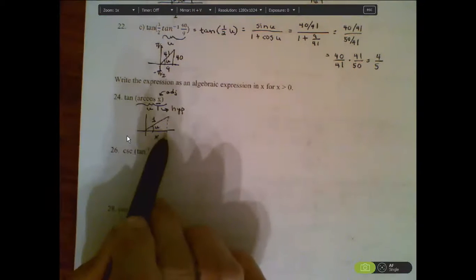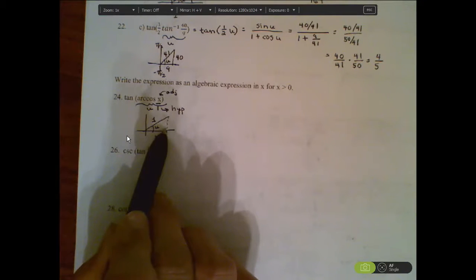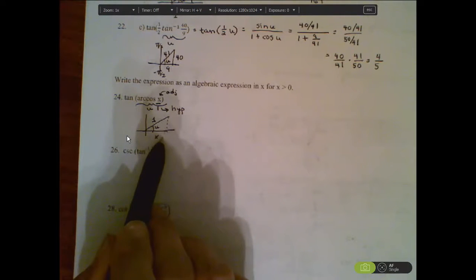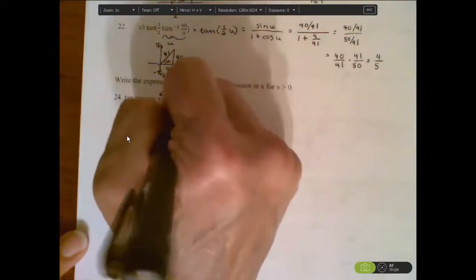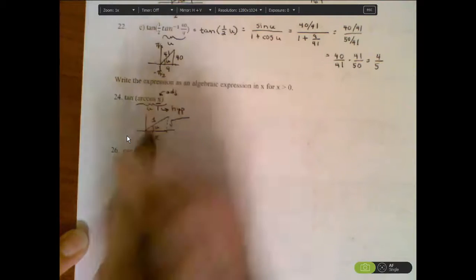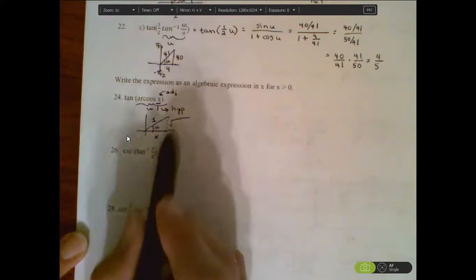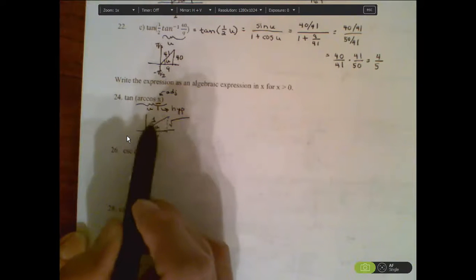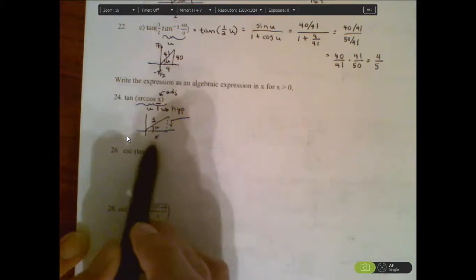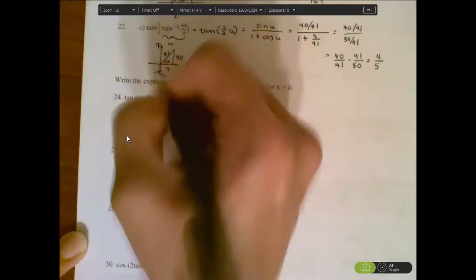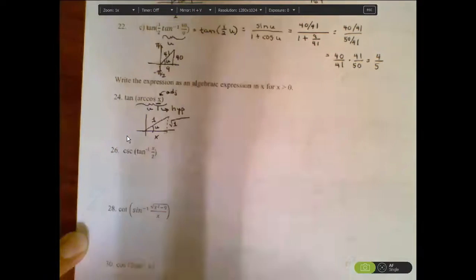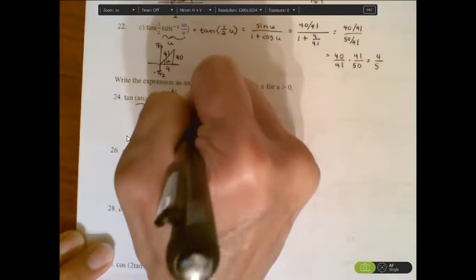And what does that make the side opposite angle u? Well, you still figure it out with the Pythagorean theorem. The Pythagorean theorem would give us the opposite side is the square root of the hypotenuse squared minus the adjacent side squared, or 1 squared, which is still 1, minus x squared.